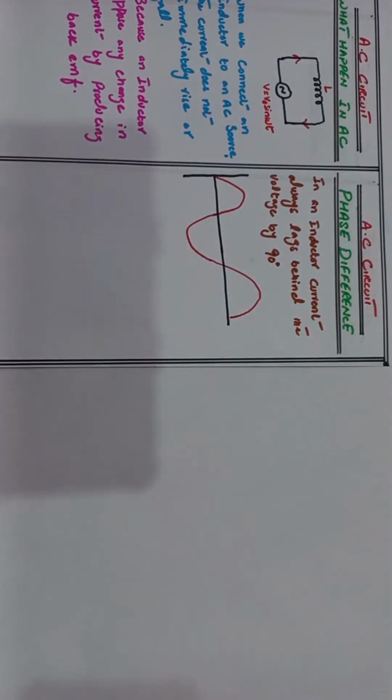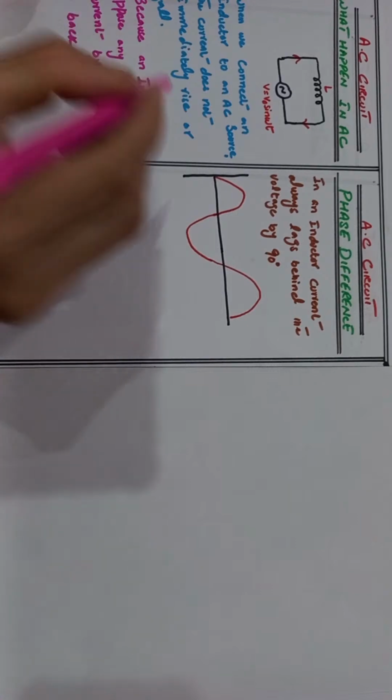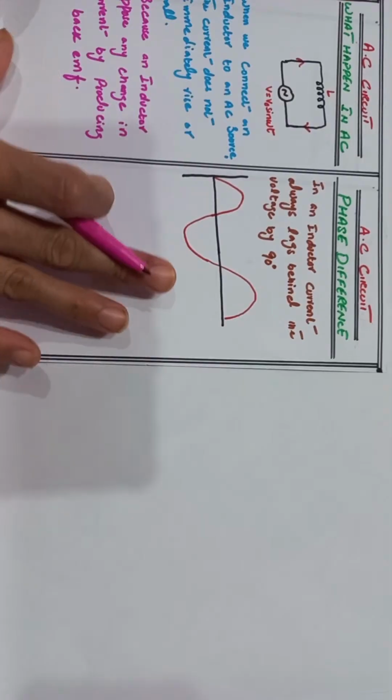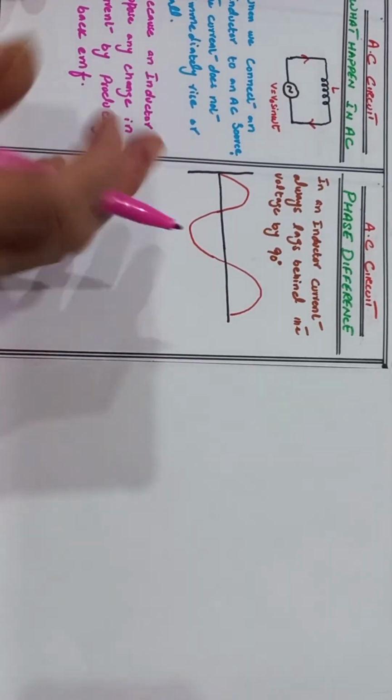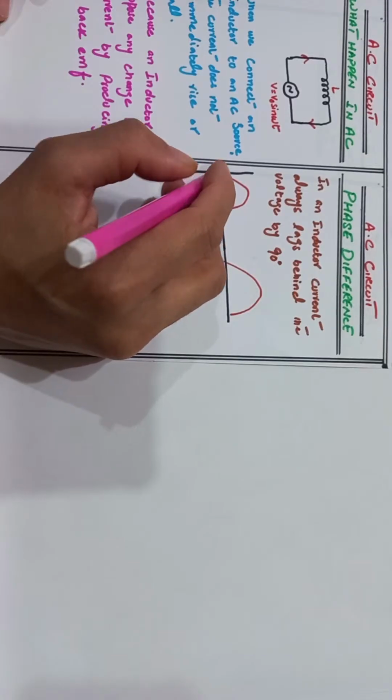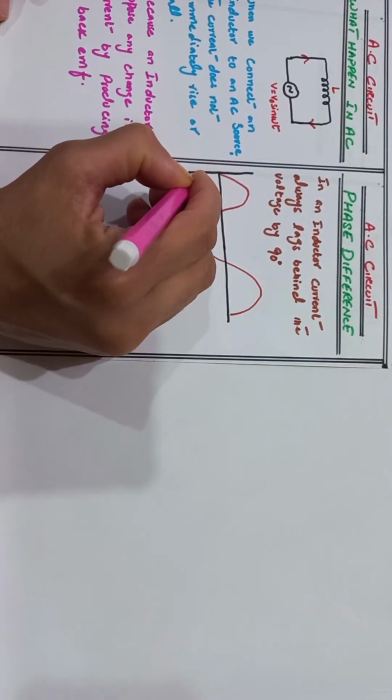Now we draw the diagram of the current that lags behind the voltage by 90 degrees.